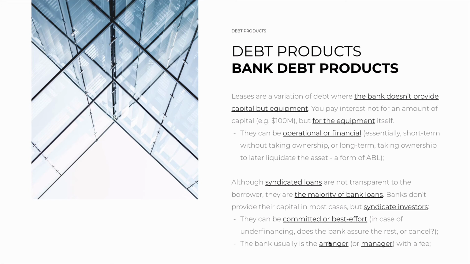So the bank may arrange the loan because it came from them, but they say, hey, we don't want to manage it. It's not our area of expertise. One of you other investors that knows about chemicals, take care of it. So they can be the same or not.